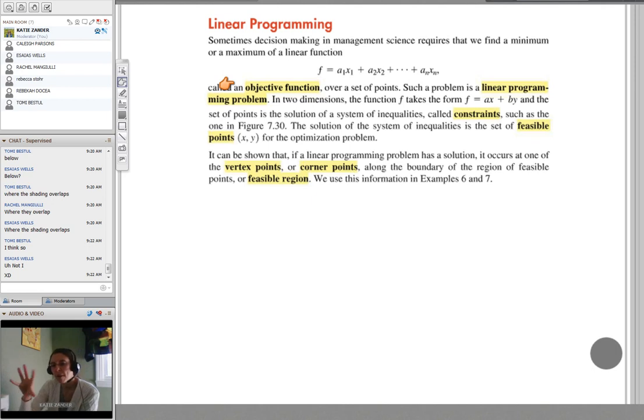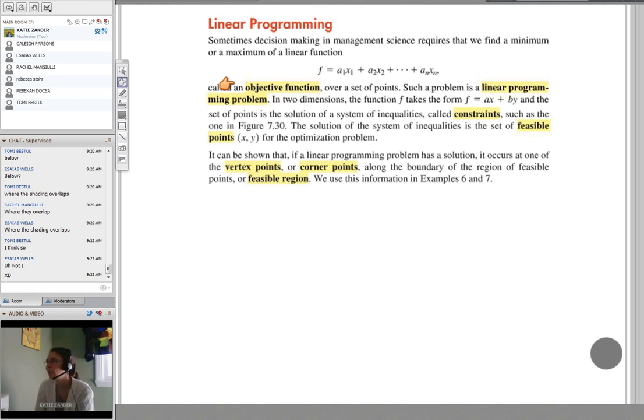So once you find that bounded area of the overlapping shaded region, you find the corner points of that figure. And when you find the corner points, which we call the vertices, then we are going to test them in what we call an objective function.